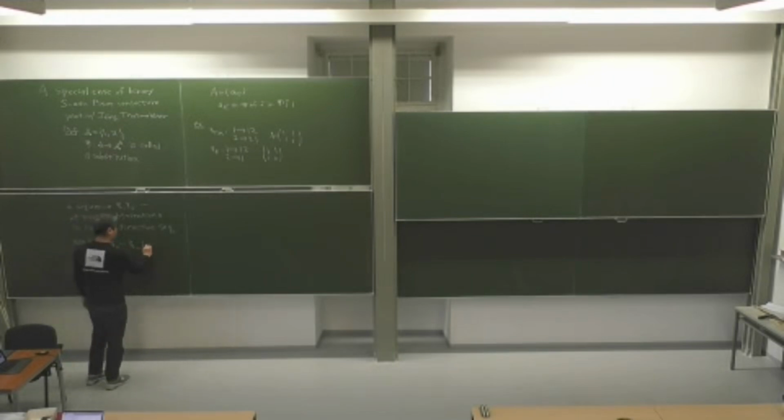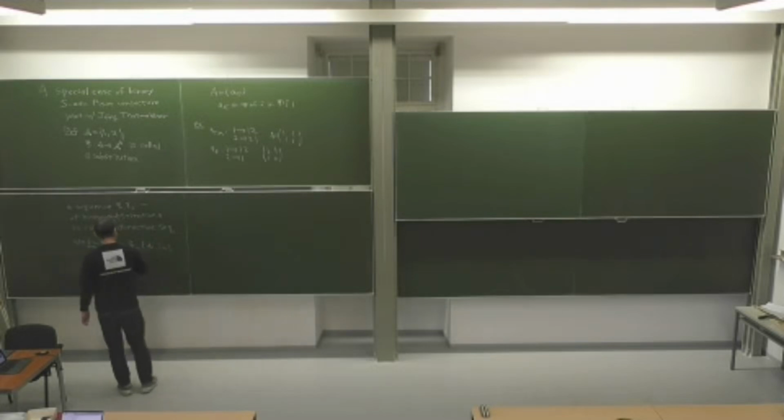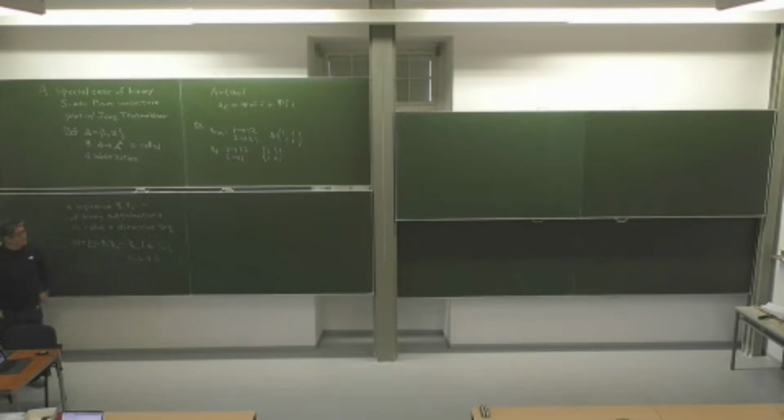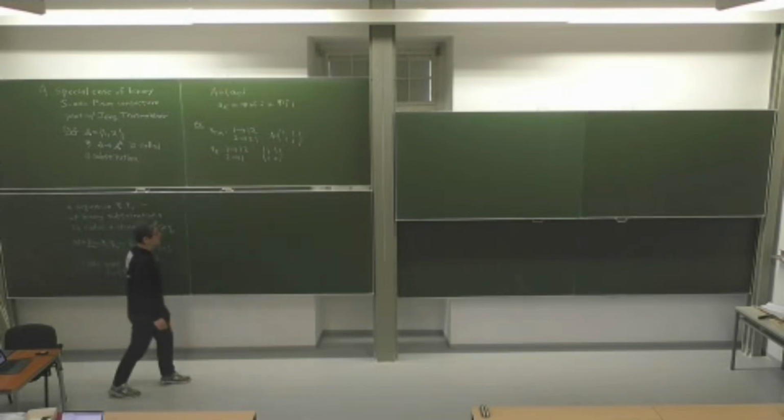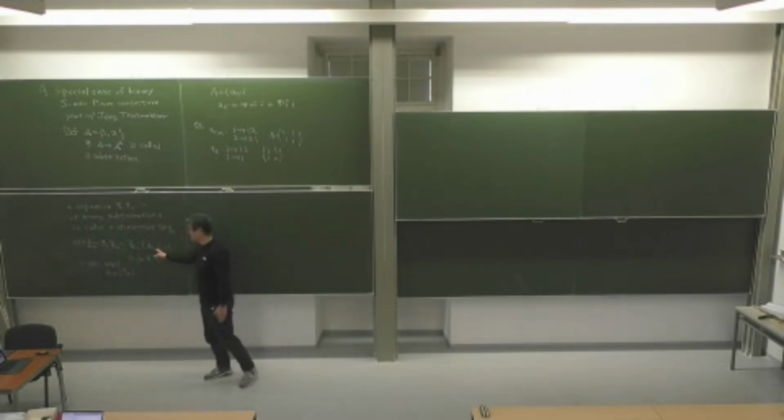A word of this form is called the S-adic word. So this dot is the place of origin.